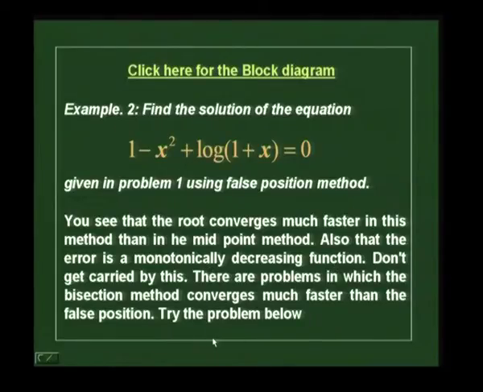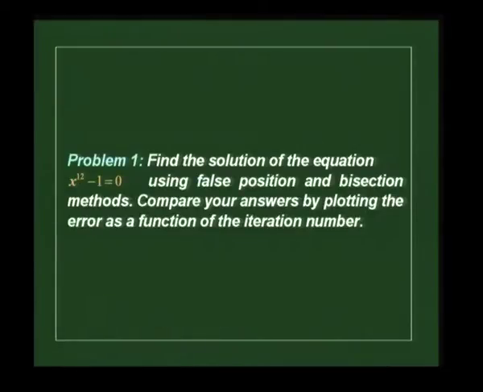But there is a warning here that there are problems with these methods. You can see that yourself if you try to solve an equation of this form. I encourage you to look at a very simple function, x to the power of 12 minus 1 equal to 0.